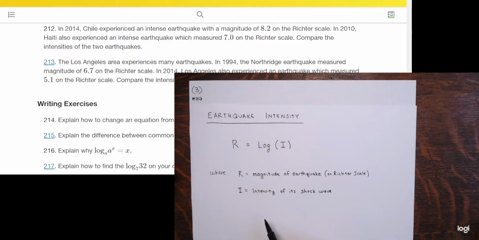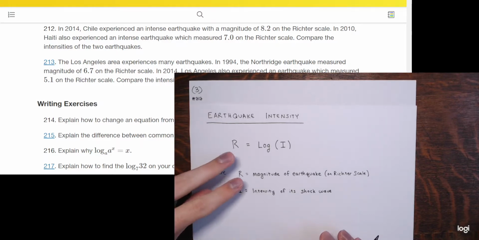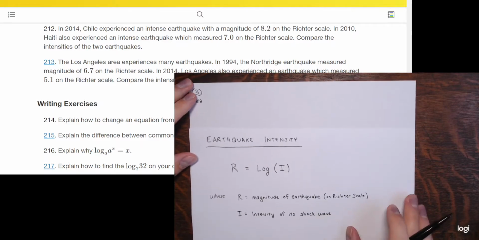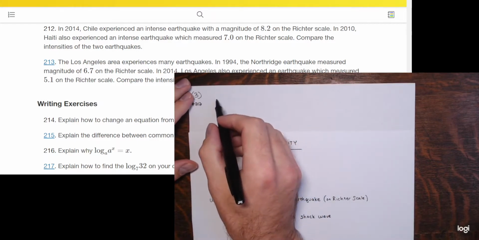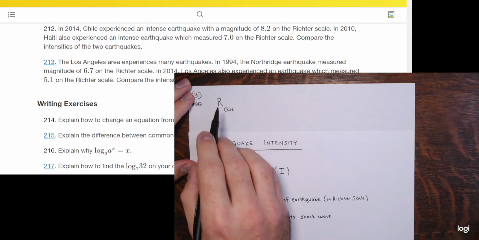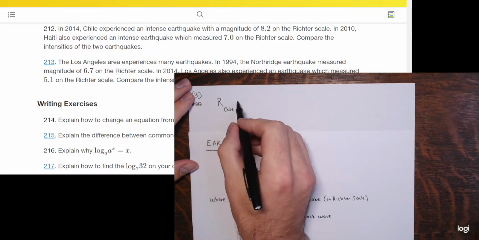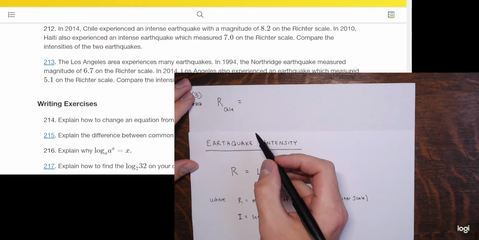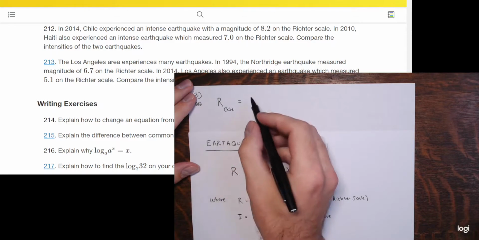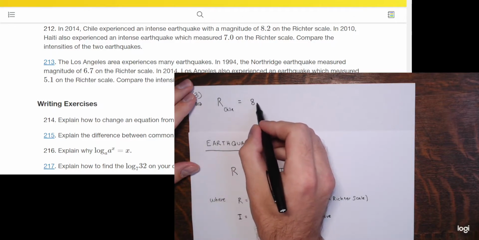Now we are given two magnitudes here, and we're asked to compare their intensities. So we're going to be solving for intensity here. What we're given in this problem is R, I'll call it R sub Chile. The Chilean earthquake had a magnitude R of 8.2 on the Richter scale.